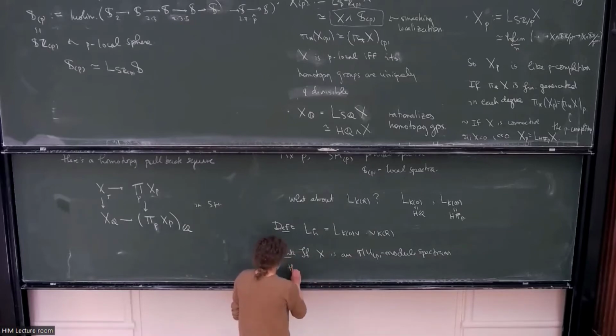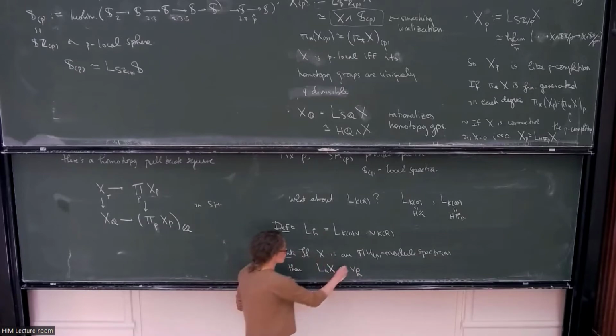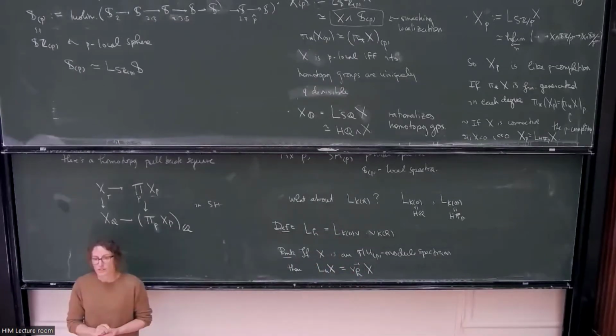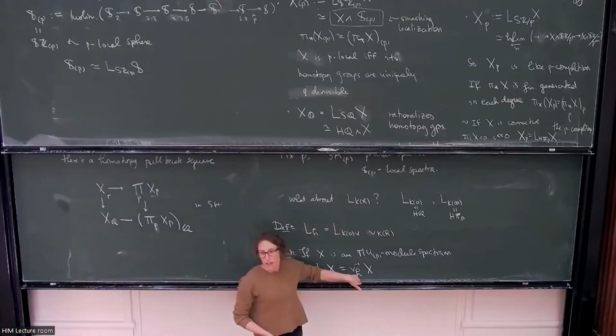In that case, L_H of X is going to be equivalent to taking this element v_H that I defined last time, and you just invert it. So for modules over MU, this localization isn't all that mysterious. It looks a lot like some algebraic localization, like picking out an open set somewhere.